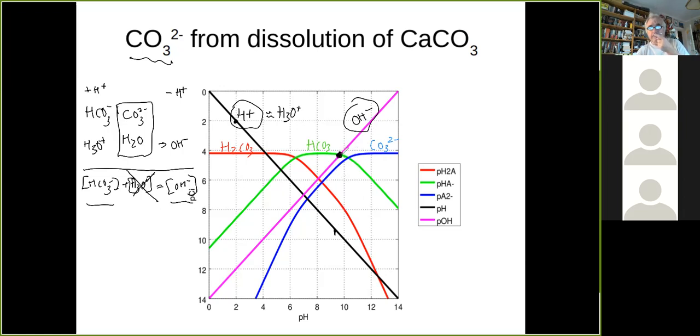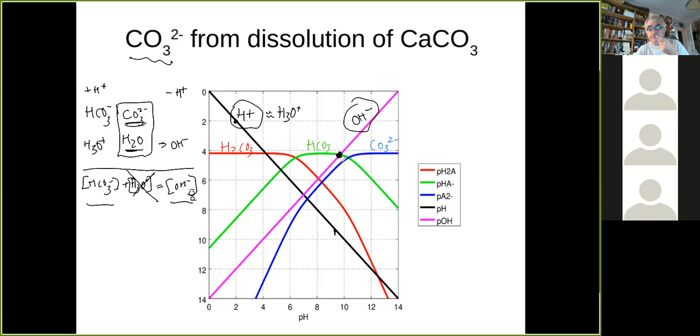So that is a way to graphically calculate the pH of a solution with carbonate ions in water when you don't assume any extra. We just see this as a basic ion.